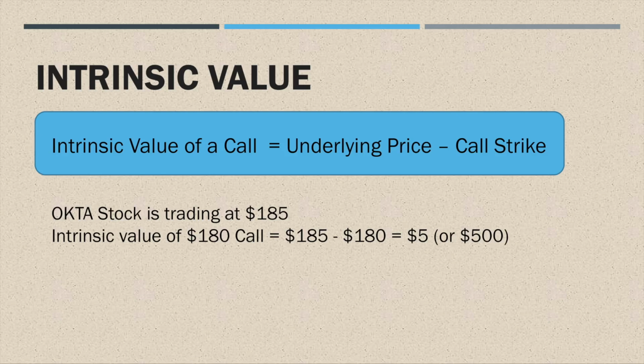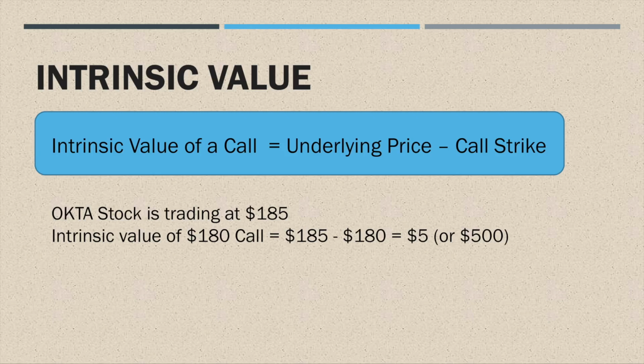Let's say the Okta stock is trading at $185 right now, and you have a 180 call. Now the intrinsic value of that 180 call is simply 185 minus your strike price, which is 180, which is $5, or $500 because of the $100 multiplier. So that's what intrinsic value is.